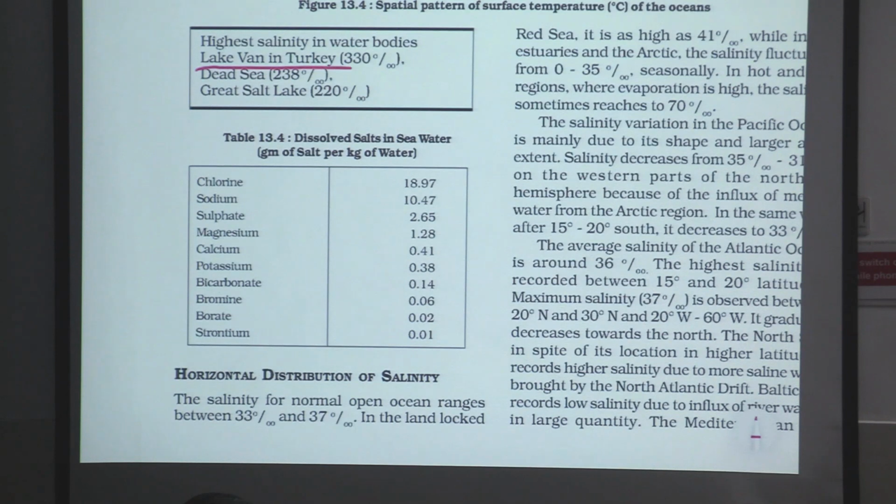Lake Van in Turkey 330, Dead Sea 238, Great Salt Lake 220, parts per 1000.